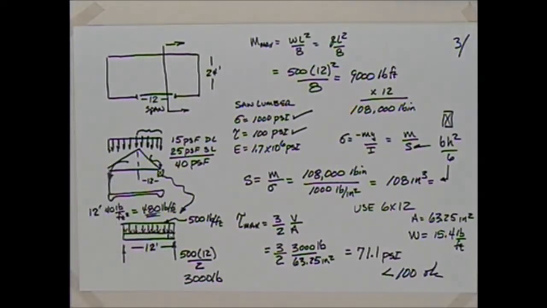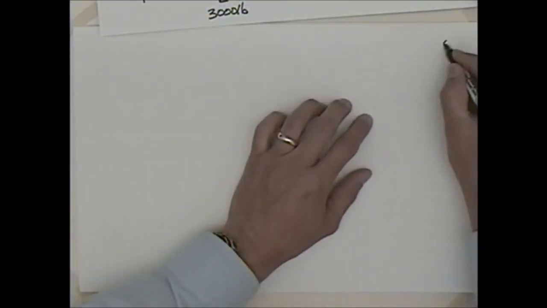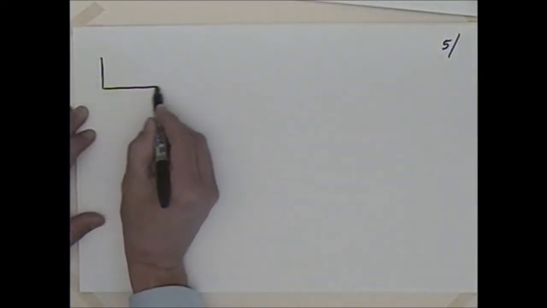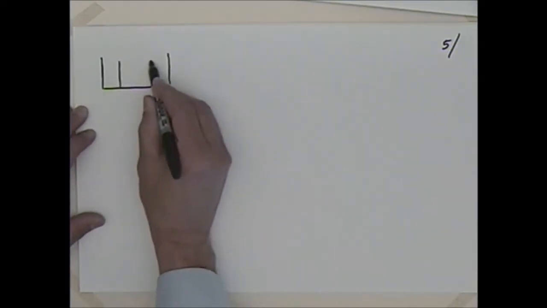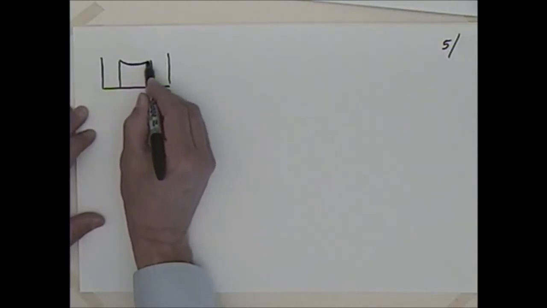Now the last thing we probably need to do is check with the deflection. No one wants a garage door that looks like this. No one wants to see their structure like this, and we have a garage door that has bowed down like that.